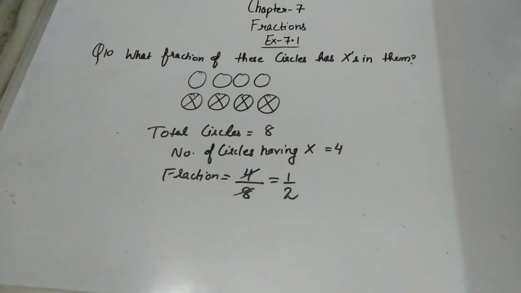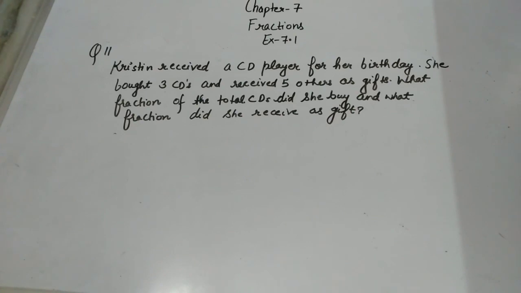Let us move on to question number 11. Question number 11 is, Christian received a CD player for her birthday. She bought 3 CDs and received 5 others as gifts. So 3 she bought herself and 5 she got as gifts. What fraction of the total CDs did she buy?